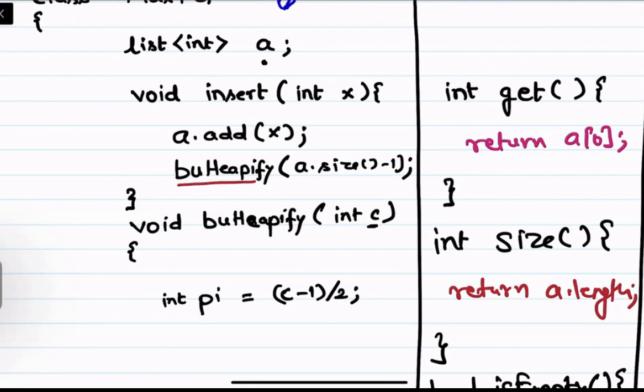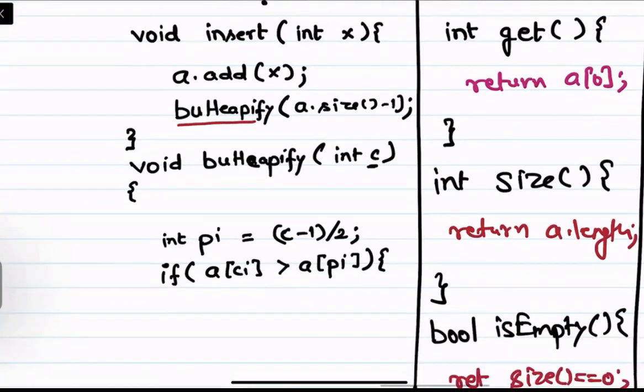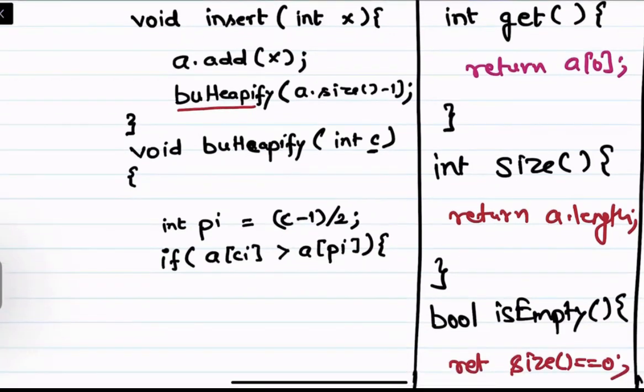The only case we will make a recursive call is if the child index value is greater than a of parent index. Then we should perform a swap. You will swap these two values, and after the swap, you will continue going up to heapify the parent index.